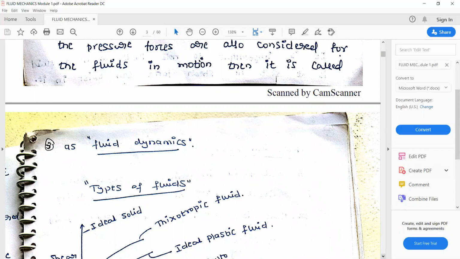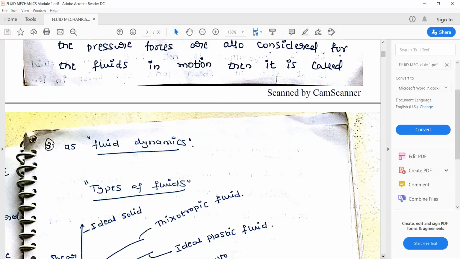But whenever the fluid is in motion, there is a resistance between the fluid layers, and because of this resistance there is a shear stress between the fluid layers. Then, there are two types of fluids: liquids and gases. Liquids are incompressible in nature, which means you can't compress them easily. Gases are compressible in nature. You can compress them very easily, right?